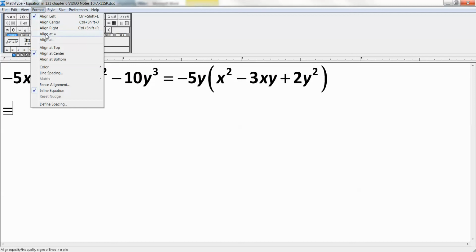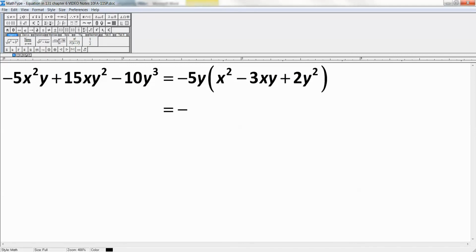Now, unfortunately for you, you are not done by a long shot. You have to write 5y in front, and then you got to do double parentheses. So it's going to be x and x, and they both have to be subtractions because that's how you're going to multiply to 2, but add up to negative 3. Now again, 2 is prime, so it's got to be 2 and 1, but you need to have the y's in there in order to make the y squared in the back like you want.